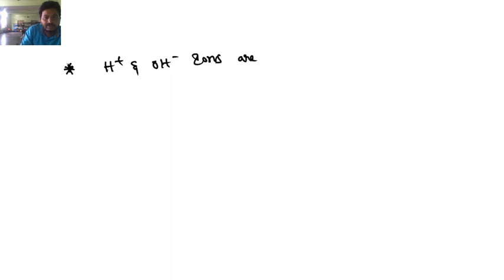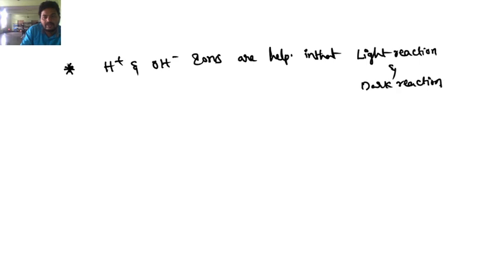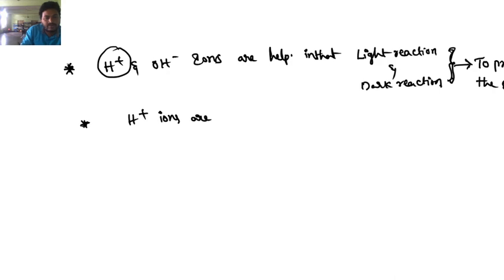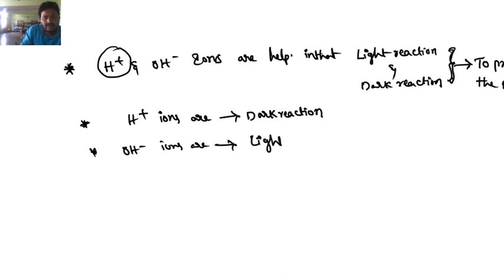These ions help in the process of light reaction and dark reaction, to produce energy. After the splitting into H plus and OH minus ions, the H plus ions majorly help in the dark reaction, and the OH minus ions help in the light reaction.